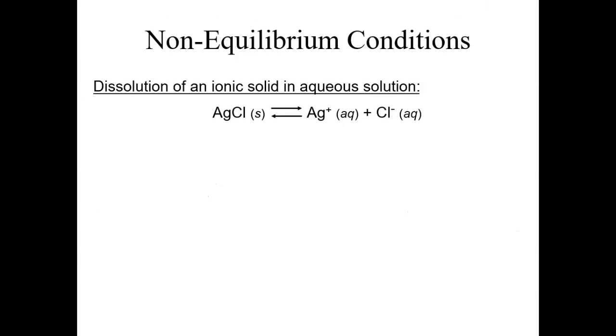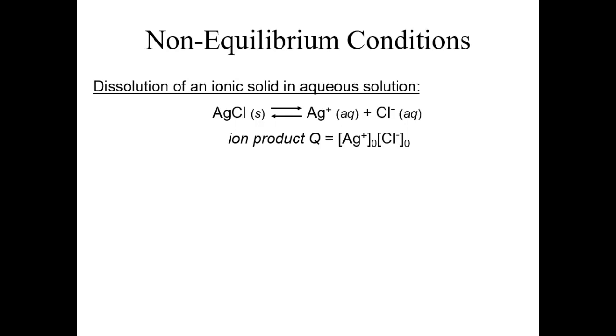I know that it's going to dissociate into the component ions, whatever little proportion, whatever little percentage of units are going to dissolve. So we're going to do the same thing we did with equilibrium when we defined what we call the reaction quotient. And this time we're going to call it the ion product. I'm going to call it Q. And essentially what we're going to say is that this is the product of the concentrations of dissolved ions under the given conditions.